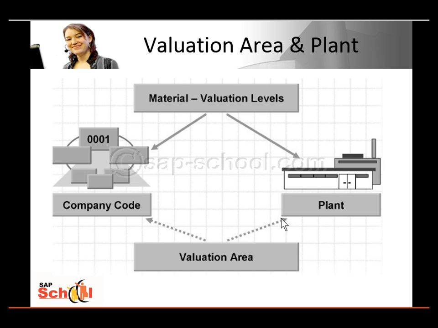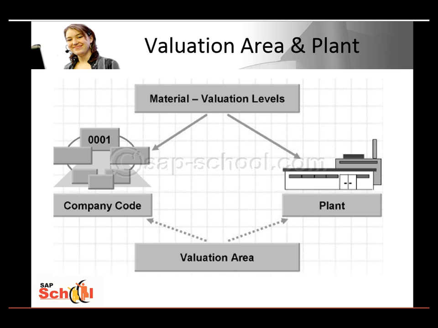In such a case, it is necessary for existing data to be converted. The valuation level plant is mandatory for production planning, PP, and for product costing. And the training system that is used in this presentation uses the valuation level plant.